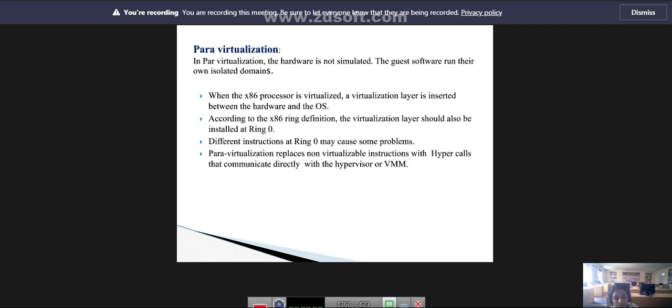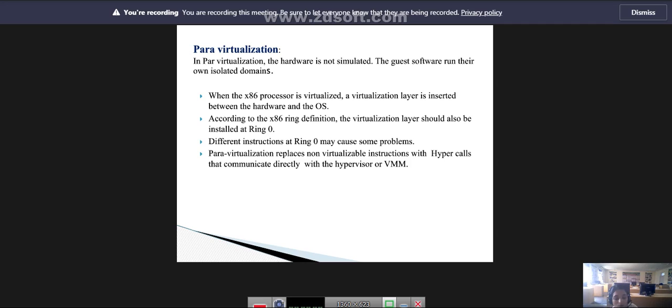The operating system is responsible for managing the hardware and the privileged instructions execute at ring 0, while user level applications run at ring 3. Although para virtualization reduces the overhead, it has incurred problems like compatibility and portability, because it must support the unmodified operating system as well.